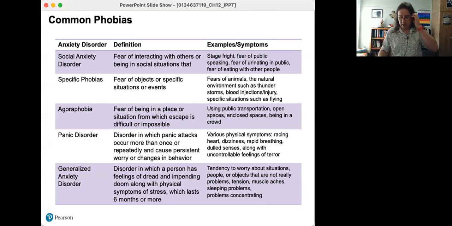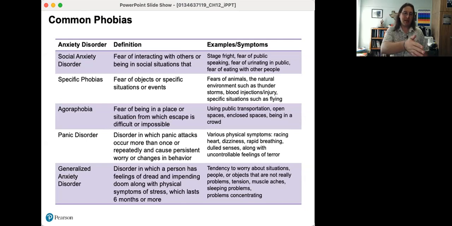An anxiety attack is a little less than that, okay? And then our other common one that we see with anxiety disorders is generalized anxiety disorder, which is just a disorder in which a person has feelings of dread and impending doom, along with physical symptoms of stress, which lasts 6 months or more.